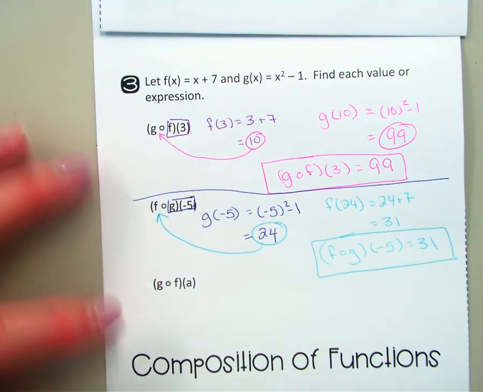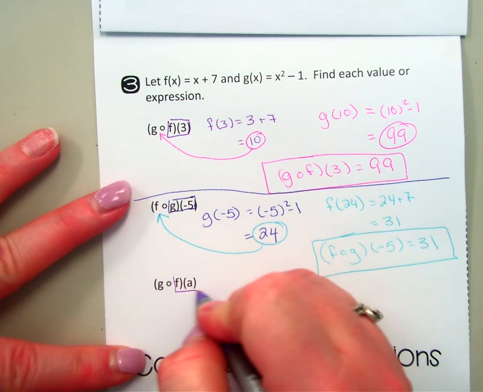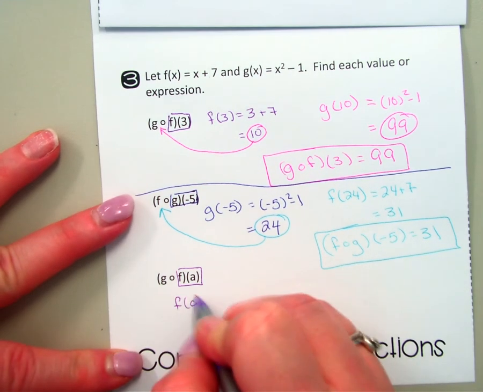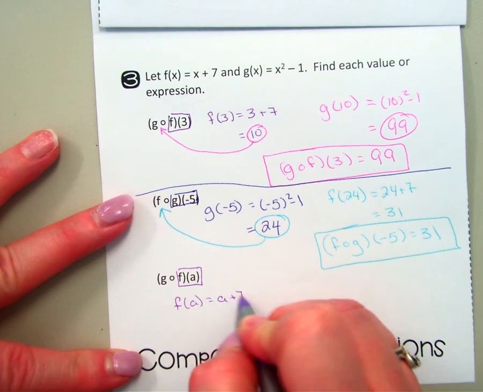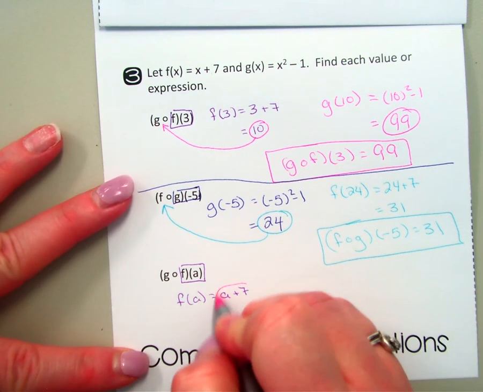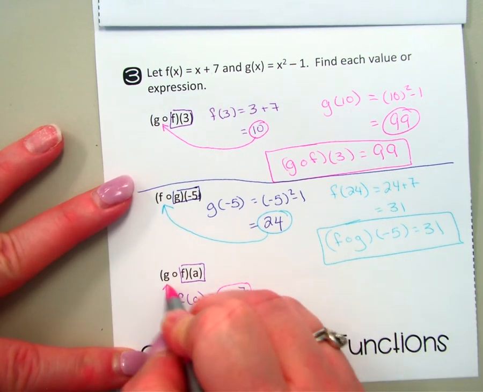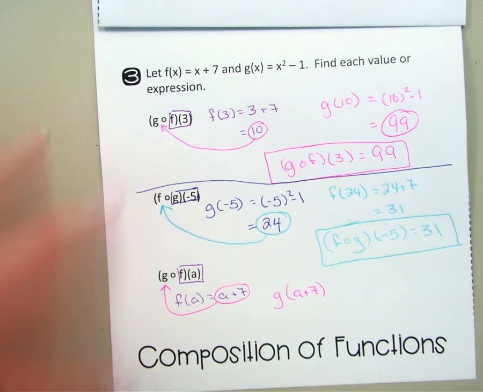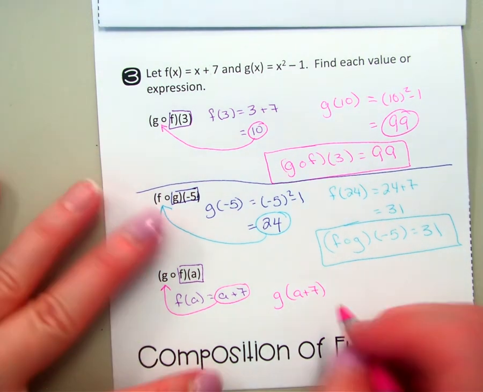So then our last one here, instead of a number, we're going to put an a. So f of a would simply be a plus 7. And I can't simplify that down any further. That is as simplified as that's going to get. I'm going to take that and plug it into g. So what that means for g is a plus 7 is now going to get plugged in for our x.